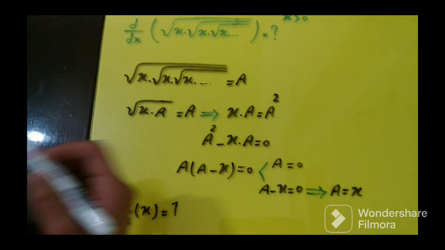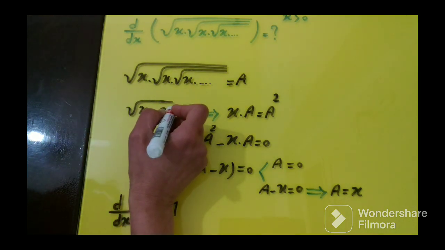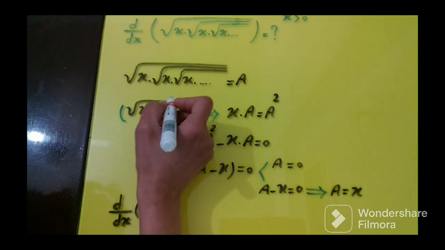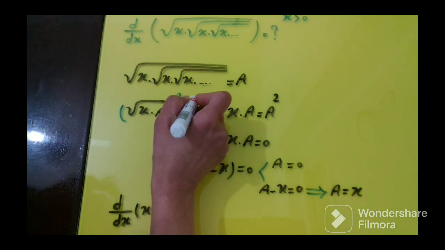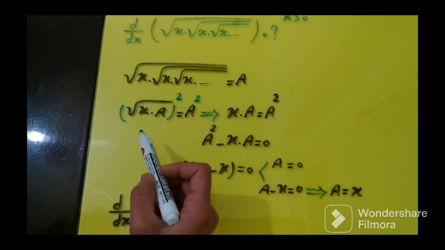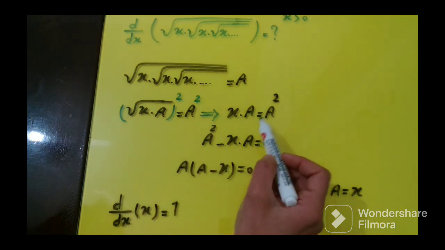Now I should undo the square root, so it should be raised to the 2. So it's x times a equals a squared.